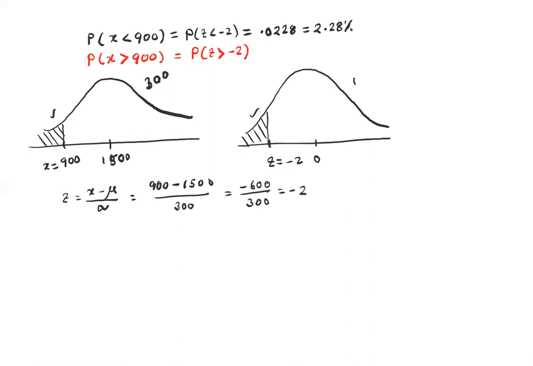Which is the same as 1 minus the probability of z less than negative 2, which is 1 minus 0.0228. So 1 minus 0.0228 is 0.9772, which is equal to 97.72%.